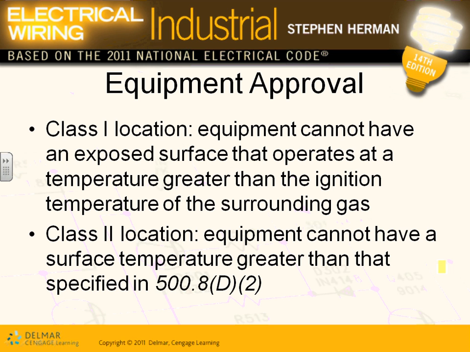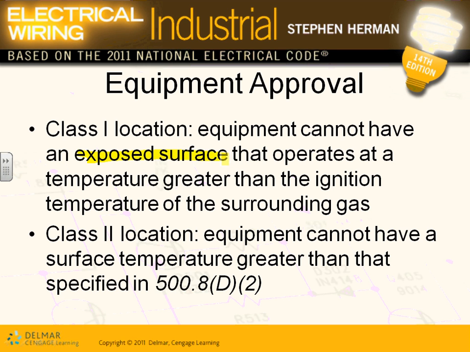So Class 1 location. Equipment cannot have exposed surfaces. Most of them, guys, they go by the exposed surface. It's a big deal. When you put equipment in a Class 1 location, especially Class 1 Div 1, you don't want the outside temperature of that piece of equipment, switchgear, switchboard, panelboard, light, to exceed the igniting temperature of that gas. Makes sense, right?